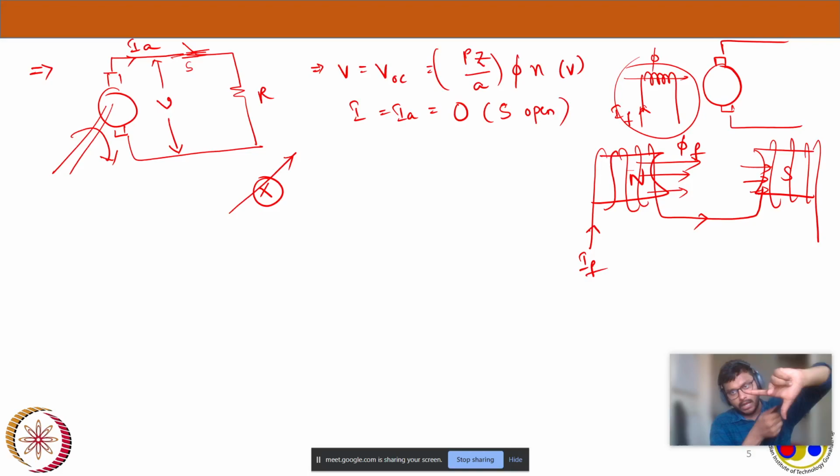Total IA won't flow through the conductor. How much will flow through the conductor? It depends on the number of parallel paths, because my current will be divided: IA by 4, IA by 4, IA by 4, and IA by 4. My conductor will see only IA by 4 current. It won't see total IA current. So you have to keep that in mind.